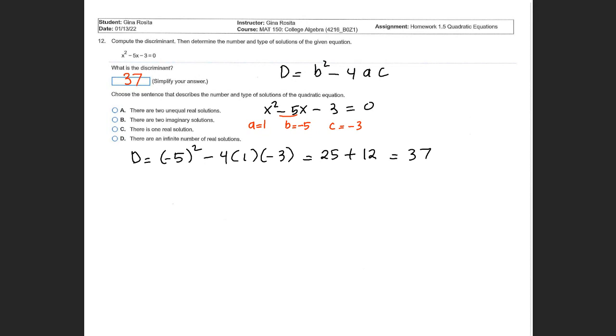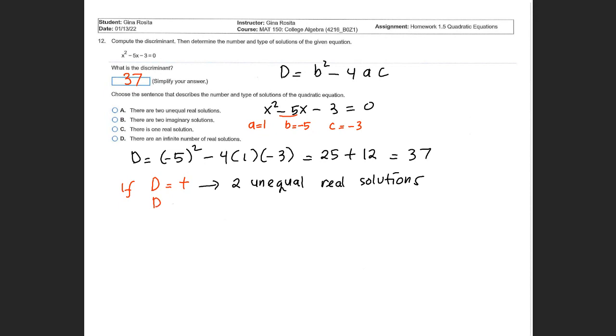Okay. Now there is a rule for this one. For D. Yeah. For the discriminant. If, okay, if D is positive, if the discriminant is positive, okay, so there are two unequal real solutions.